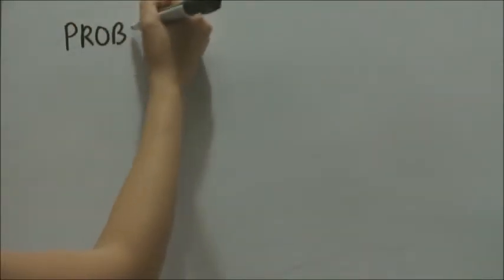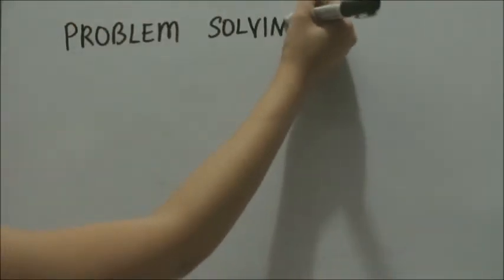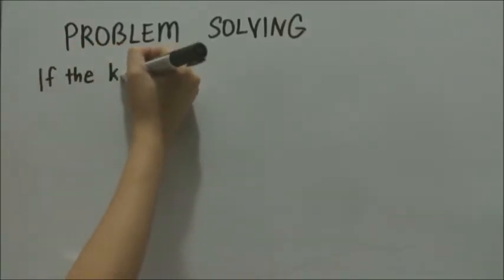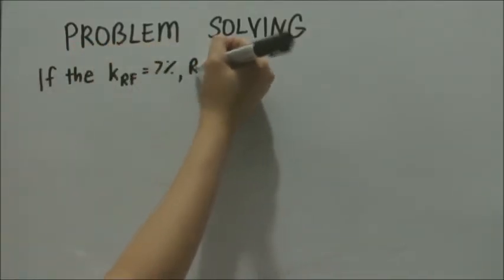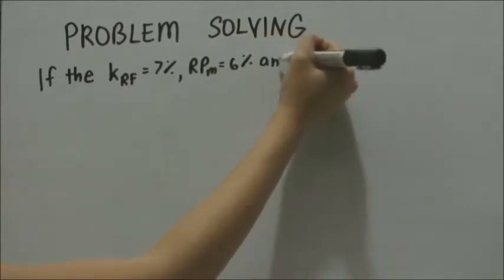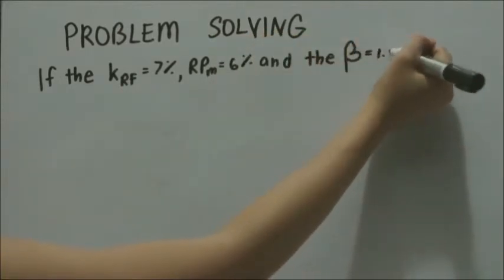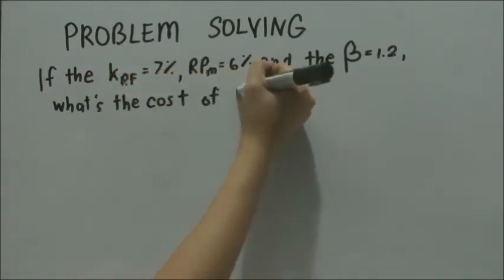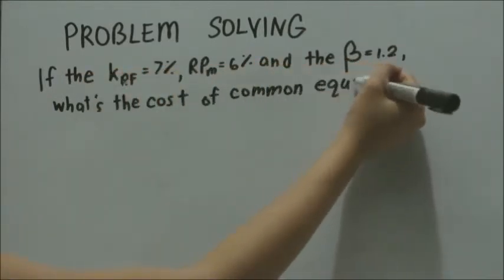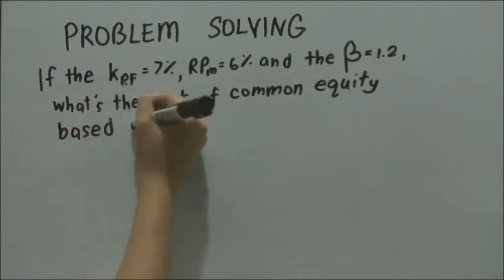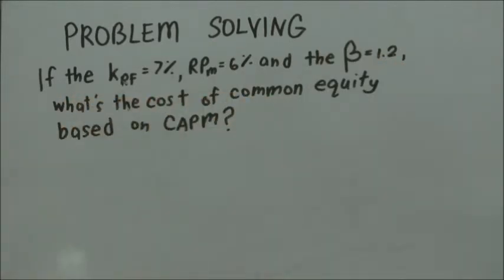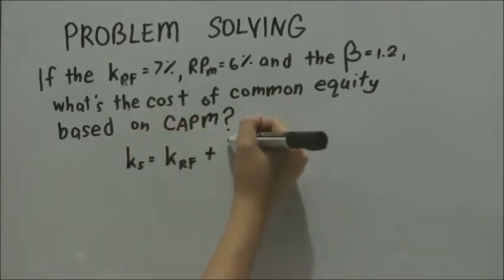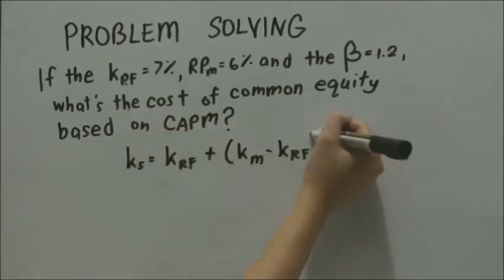We will now solve some problems on the cost of common equity. If the risk-free rate is equal to 7%, the risk premium is equal to 6%, and the firm's beta is 1.2, what's the cost of common equity based upon the capital asset pricing model? Using this formula, we will get the answer of 14.2%.